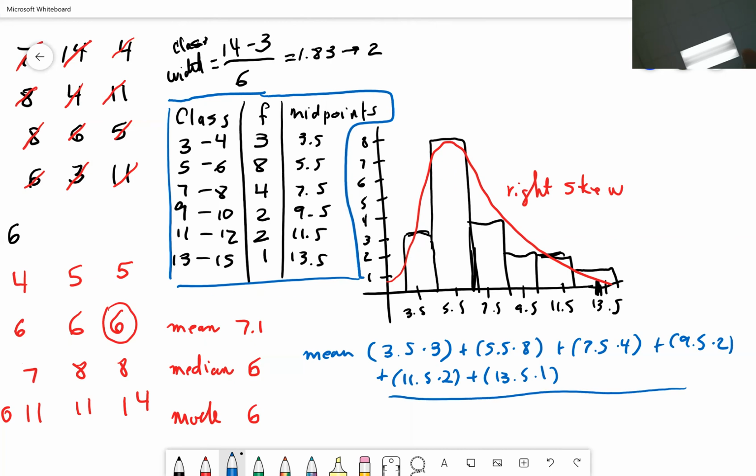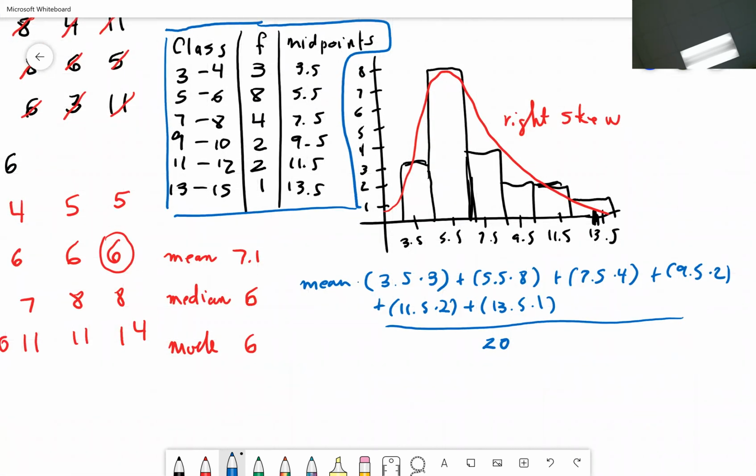All divided by 3 plus 8 plus 4 plus 2 plus 2 plus 1, which is 20. I'm doing this just because I want you to see a difference between this guy and this guy. One is being based off the original numbers, and one is being based off the group frequency numbers, which you wouldn't have. If you just had the group frequency distribution, you could not recreate your original data.